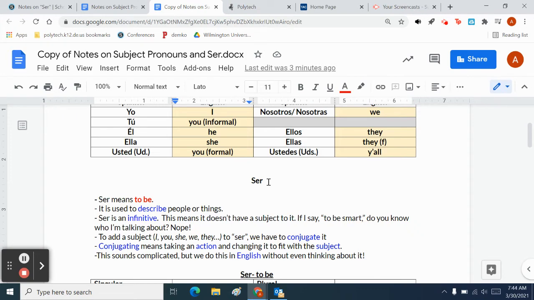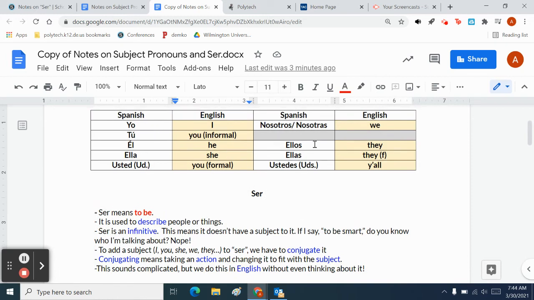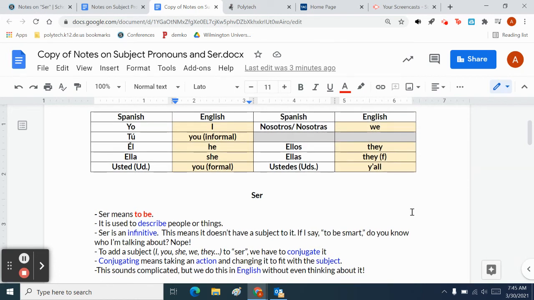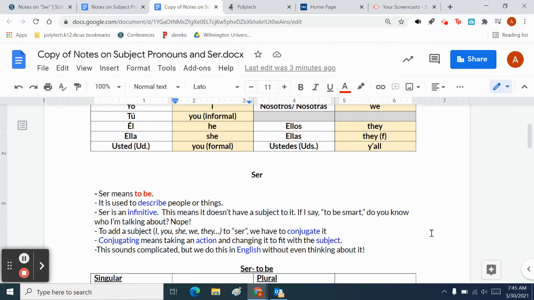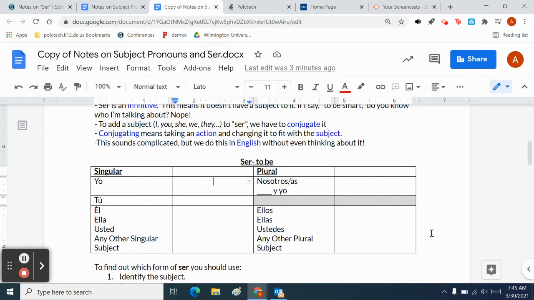So every single person that you see up here is going to have a different form of the verb ser, which sounds like a lot, but eventually it helps you because in English, we have a lot of the same conjugations for different people. And so people who learn English, it's actually very hard for them to do. And it sounds a little weird because we don't really think about doing this in English, but we do it all the time, every day when we talk, when we write. And a couple of these you already know. So let's go through them.